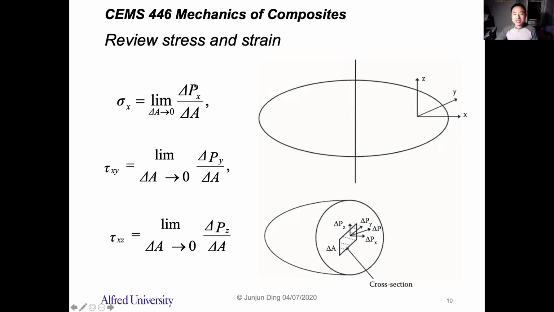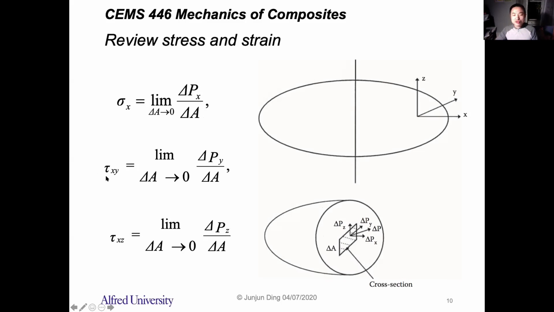Delta Px, if you want to calculate the stress in the x direction, take this really small area, and that would be delta Px over delta A. Delta A is the area, and when delta A approaches 0, you will have the normal stress in the x direction at the point, right?